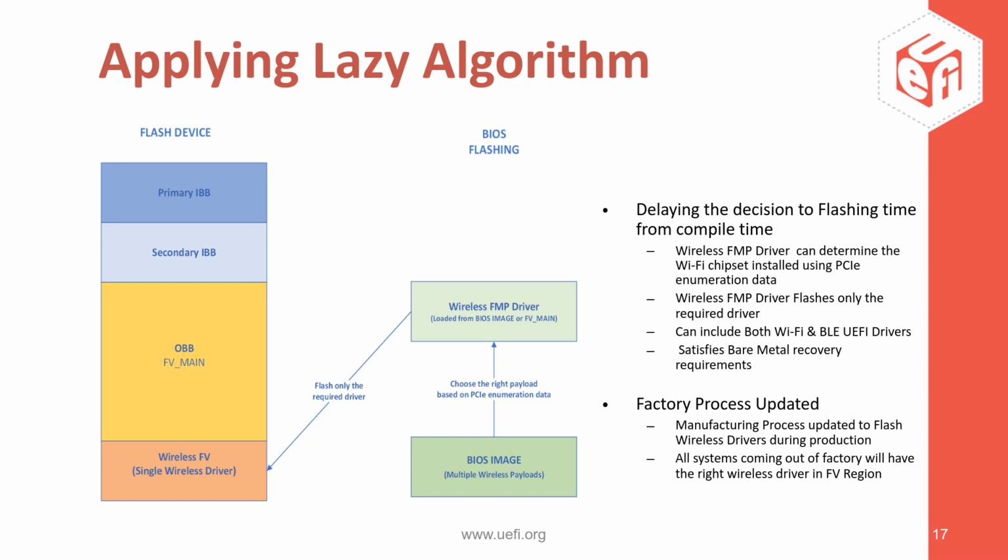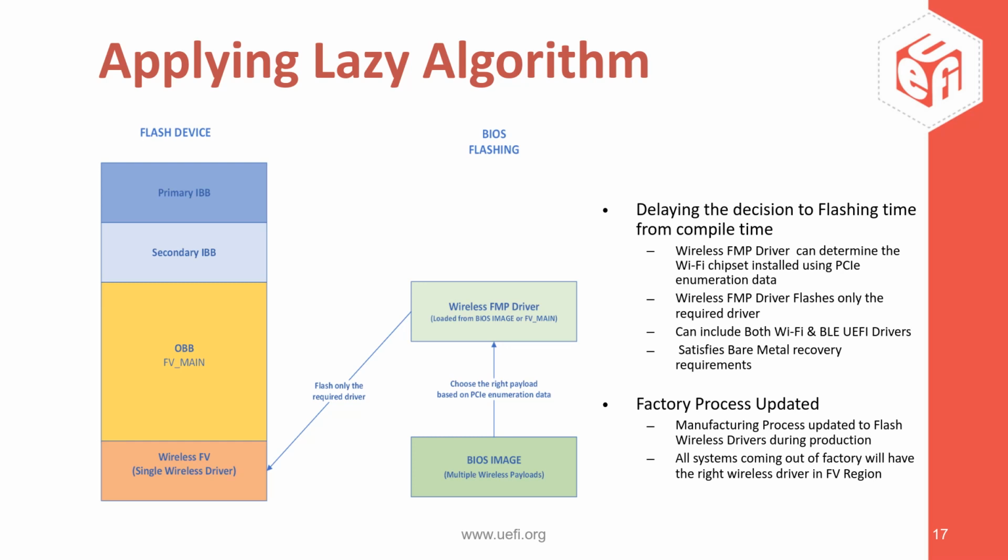If there are multiple chipsets supported on a particular platform, all of those will be available as payloads in the BIOS image. Say a particular platform supports 3 chipsets, so there would be 3 BIOS payloads available in the image, and the wireless FMP driver can select the right payload based on PCI enumeration data.